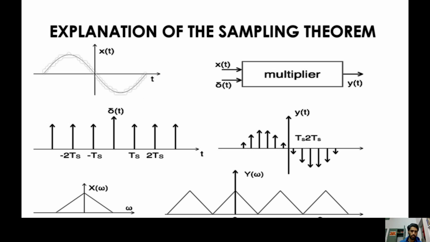It can be represented in its frequency domain by X(omega), and the output can be represented by Y(omega). As you can see, Y(omega) is in periodic, discrete form, and it can also be recovered back to its original signal.